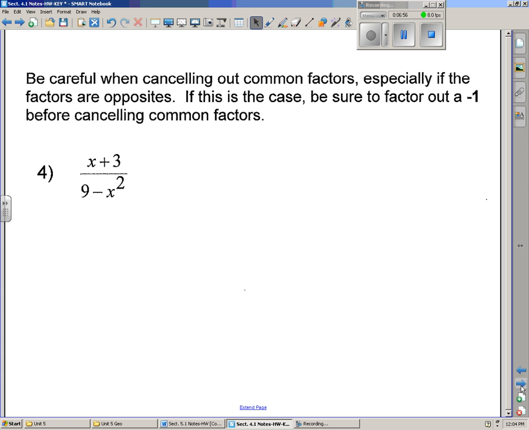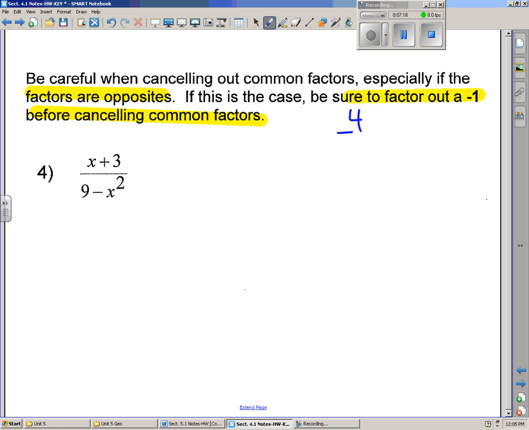The next part is pretty much the same, except what you have to be careful about is if you're trying to have common factors or factors that are opposites, okay? If that's the case, you have to factor out a -1 before you cancel common factors. What I mean is this. Take this simple expression.